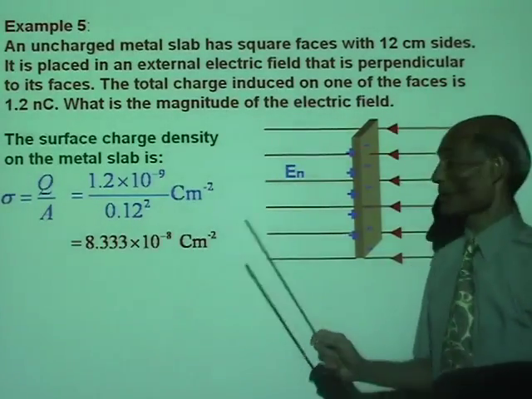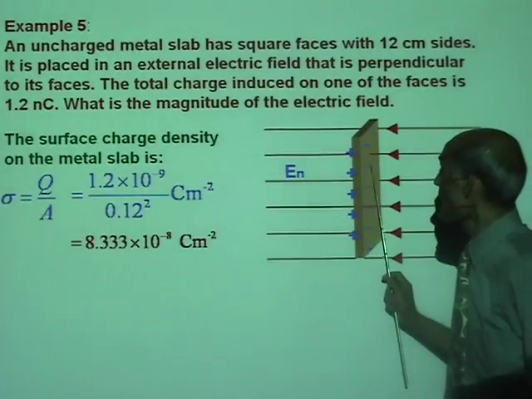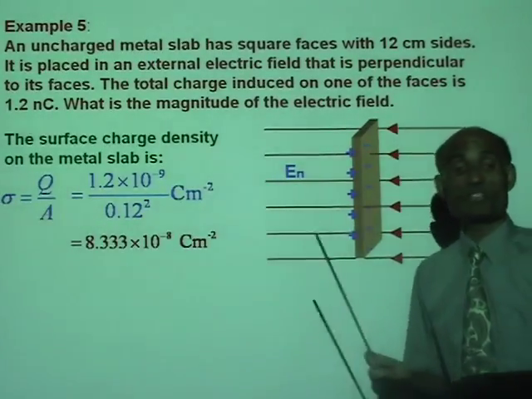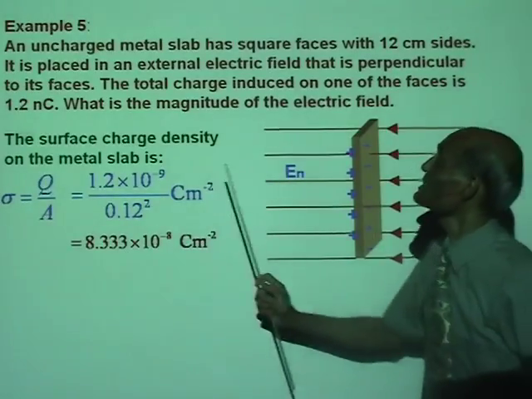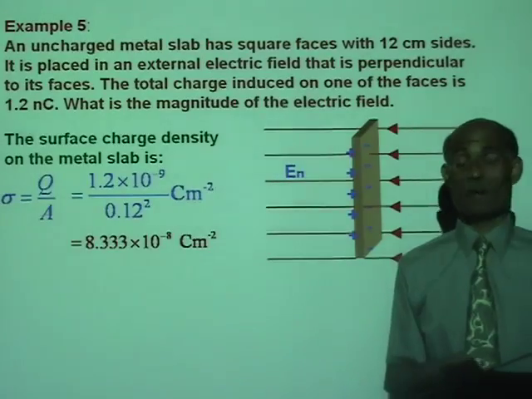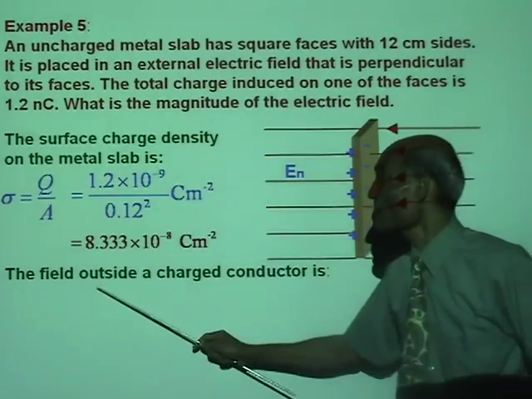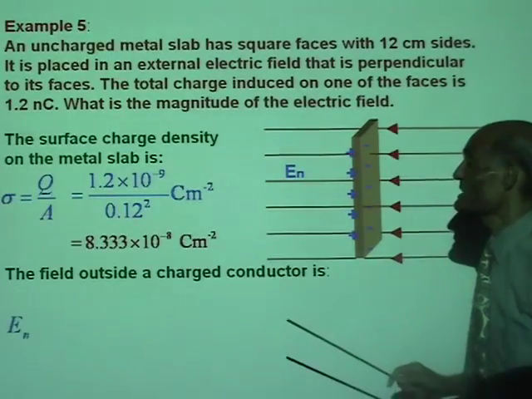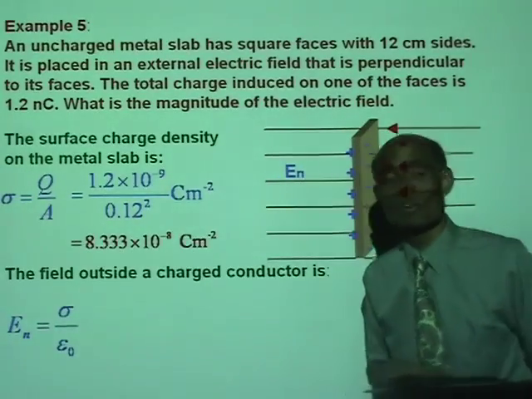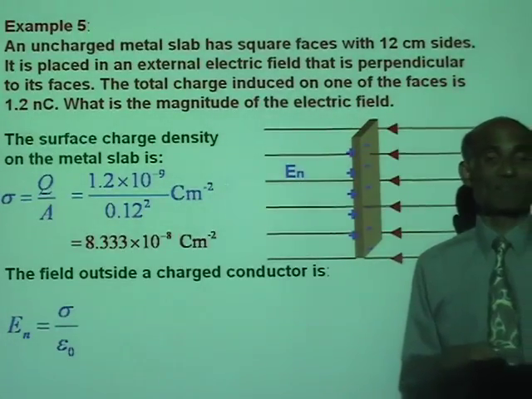Now, if you recall, the electric field outside a charged conductor is related to the surface charge density. Do you remember that one? The field outside a charged conductor is E equal to sigma over epsilon naught.